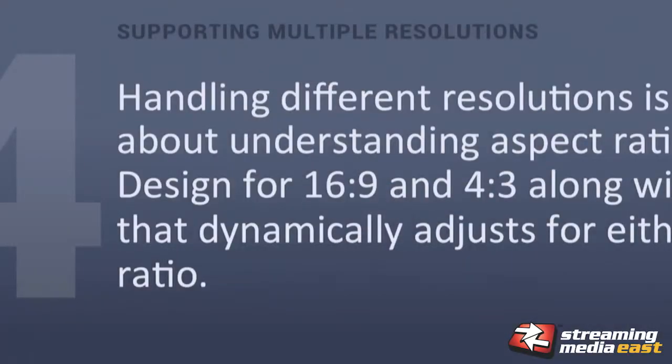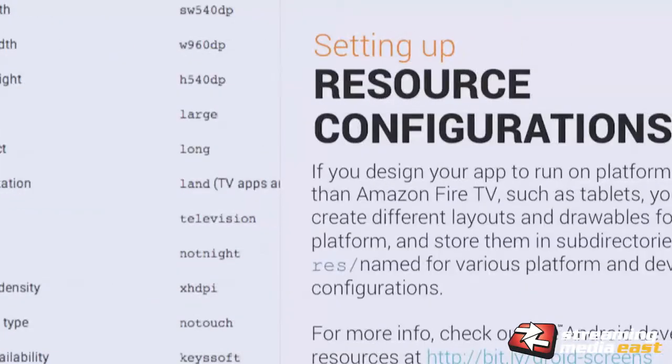Now, when you start thinking about different resolutions, maybe you want to shift everything now to 1080p, but you have a customer base that is still running on older devices, or maybe you want to support some 4:3 ratios. What we do, and you saw earlier in the portal, is the ability to do APKs. Where I've seen customers have the most success is you're going to target 1080p, and then you're just going to create different layouts.